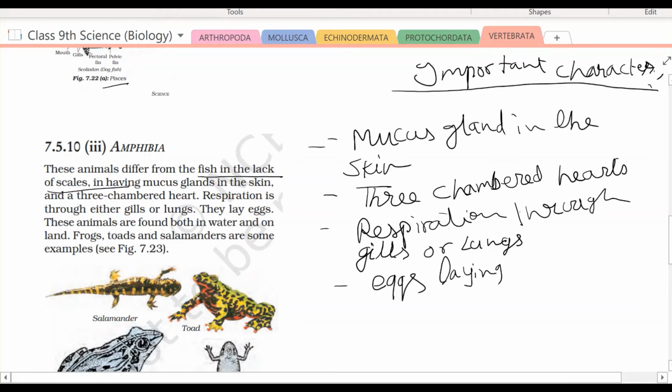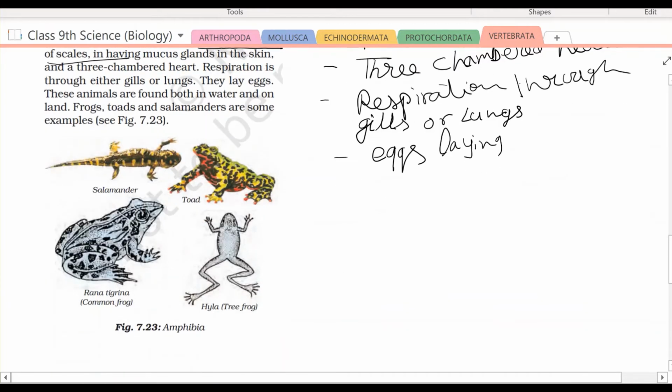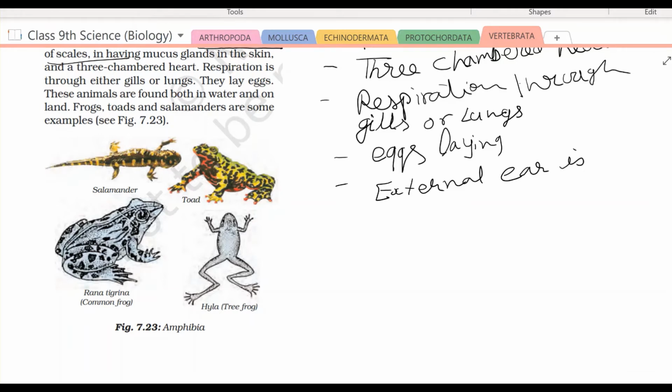Clear? External ear is absent, but tympanum covers the middle ear. Middle ear is present.